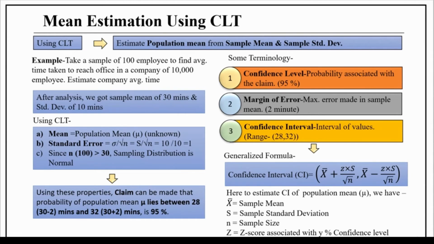And now putting the values of last question in the given formula, the sample mean was 30 minutes, sample standard deviation was 1 minute. So after putting all these values, the confidence interval is coming out to be 28 to 32 minutes, or we can say 30 plus minus 2 minutes, where 2 is margin of error.